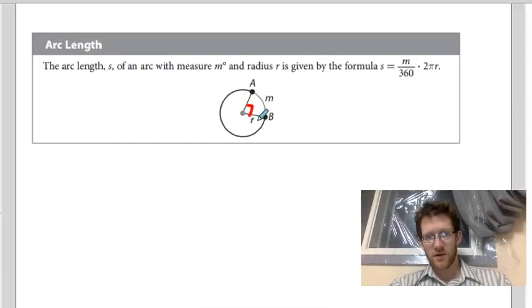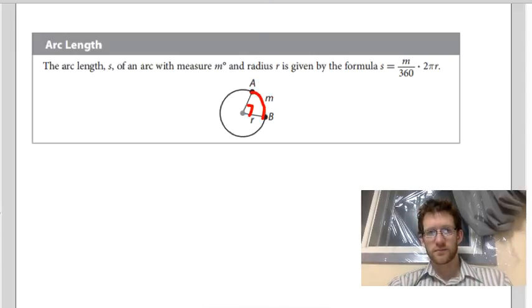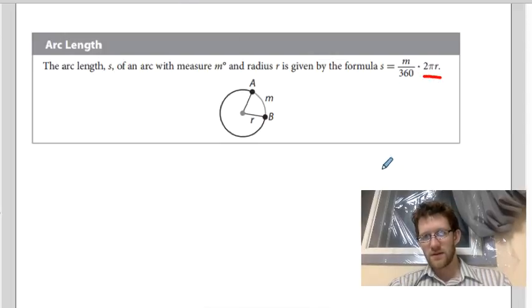If this is 90 degrees, that would mean this arc is 1/4 of the way around, right? Because 90 is 1/4 of 360. So it would just be 1/4 of the circumference. So that's where this formula comes from. It's the circumference times the fraction of the whole, or the number of degrees divided by 360, right?